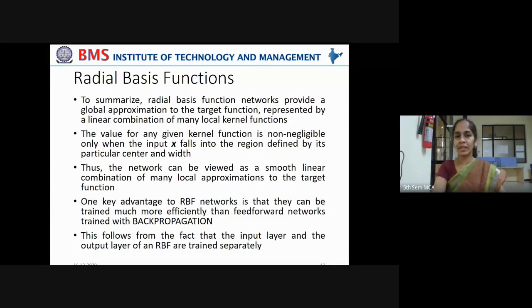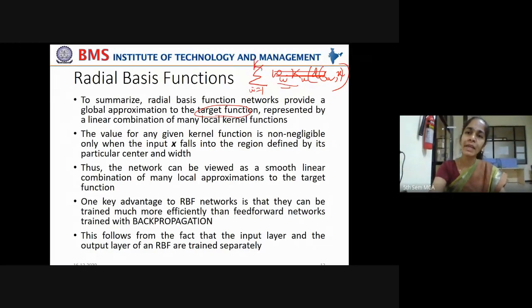Now, to summarize, radial basis function networks provide a global approximation to the target function represented by a linear combination of many local kernel functions. So how is the target function represented? Represented as a linear combination of weights, Wi, and the kernel functions, Ki, which is the distance measured between Xi and X. Okay, this is taken as sigma for generalized representation, where i equals 1 to k, where k is the number of kernels you are considering.